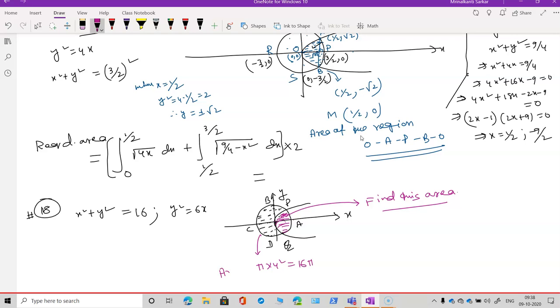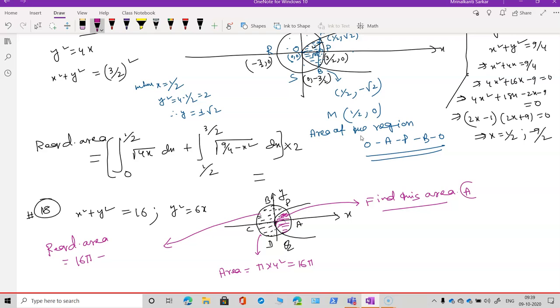16 pi is the area of the circle. Okay? 16 pi is the area of the circle. So the required area, this shaded area, is going to be 16 pi minus the area of this shaded region.